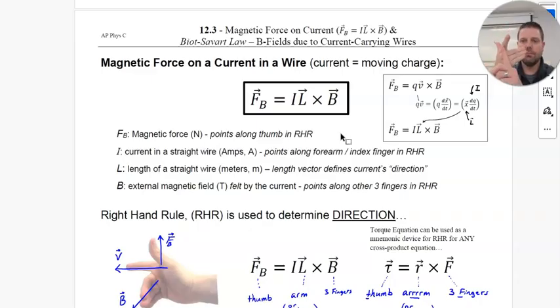We have, of course, the direction the charges are moving, and that would be the way the current is. Current gets its direction from the length vector. So IL is typically bundled together as being a current-carrying piece of length in a wire. B is again going to be the fingers right here. And then you have your thumb, that is the direction of the force.